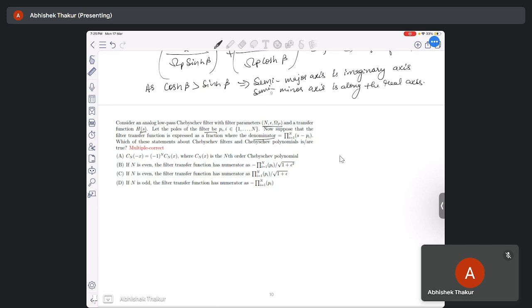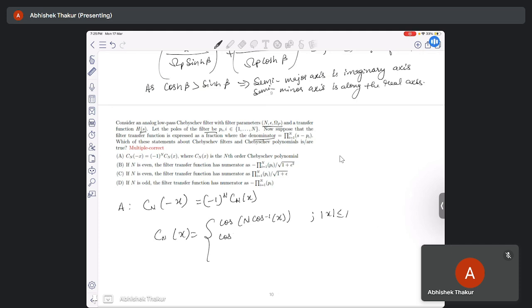Cn of minus x equals minus 1 to the power of n times Cn of x. So this is given in option A, which can be verified using these identities. This function is given as cos(n cos inverse of x) when the mod of x is less than or equal to 1.